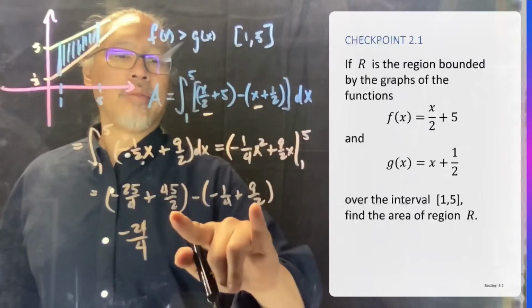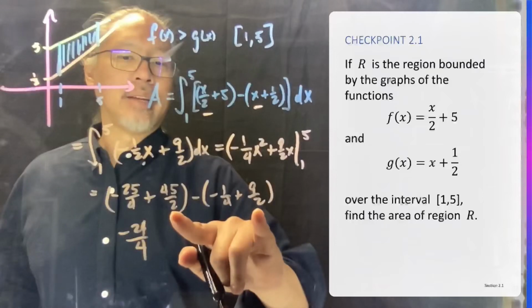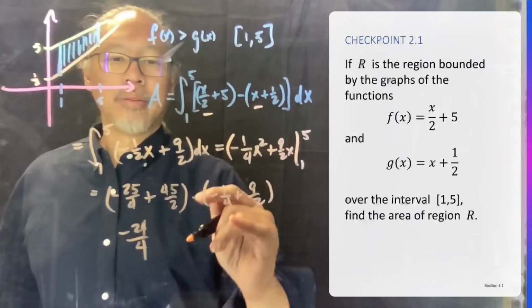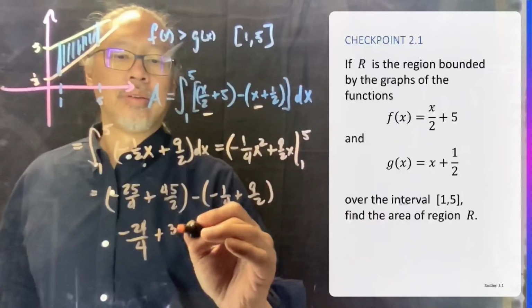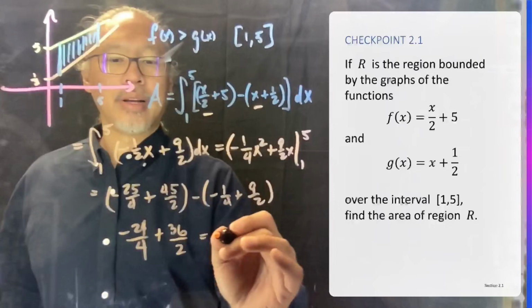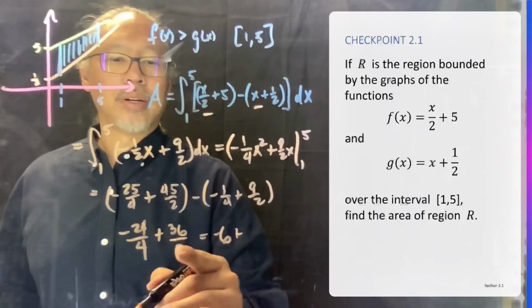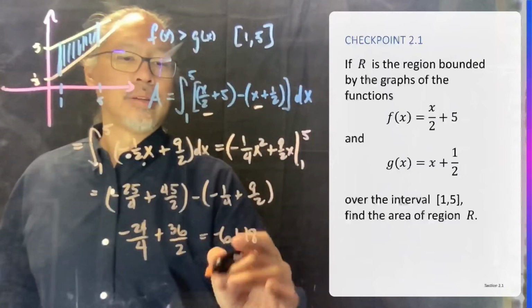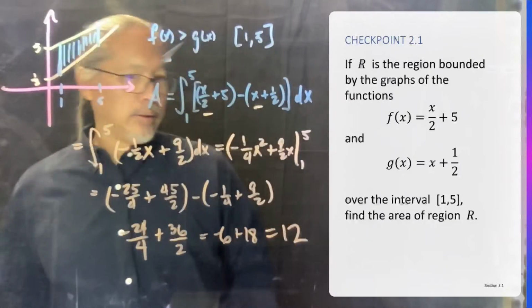And then we have a 45 minus 9. So I believe that's a 36 positive over 2. And so these can be simplified. I get a negative 6 here and a positive 18. So that's going to be 12.